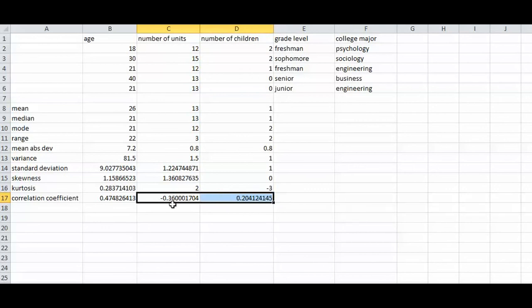The negative 0.36 is actually a stronger correlation than the positive 0.20, because the strength is just how far it is from 0. So if you want to know which one is stronger, just ignore the negative sign and then just look at which one is the bigger number, and that'll tell you which one is stronger.